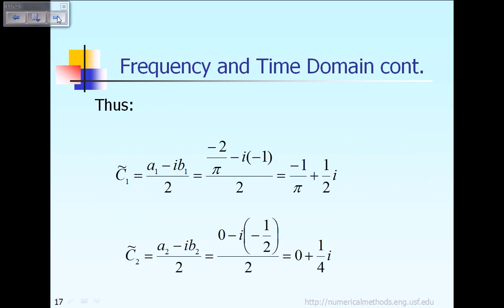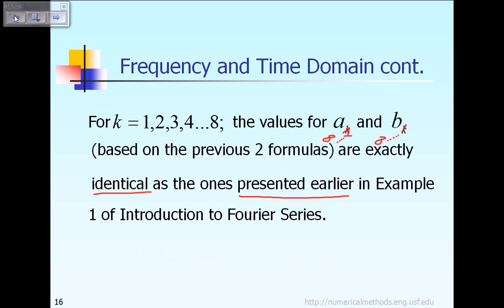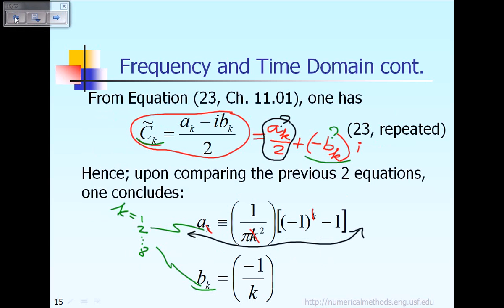So, after you already know A1, B1, A2, B2, A3, B3 up to A8 and B8, we can go back to the definition of C tilde k, as I showed you in equation 23.